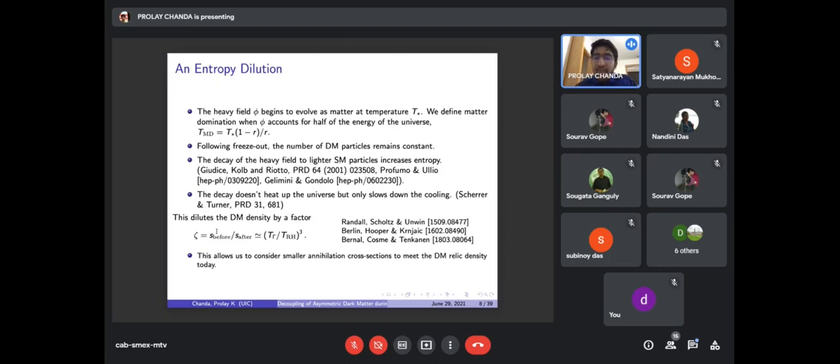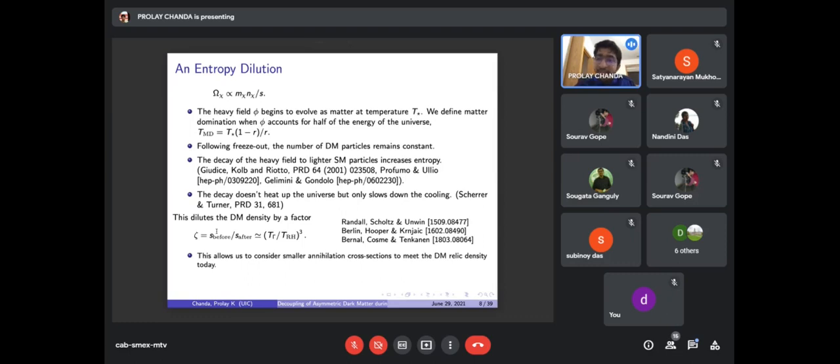And why this entropy? What does this entropy dilution give us? For non-relativistic species, the relic density is given by mass times the number density divided by entropy. This is important because the density is inversely proportional to the entropy.